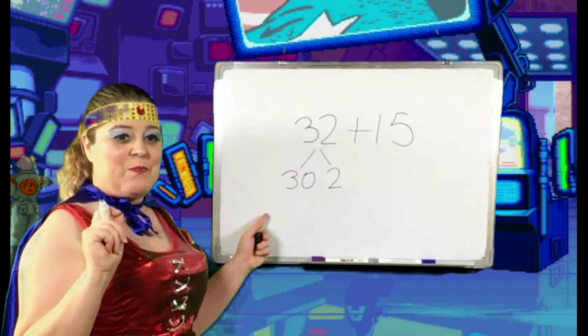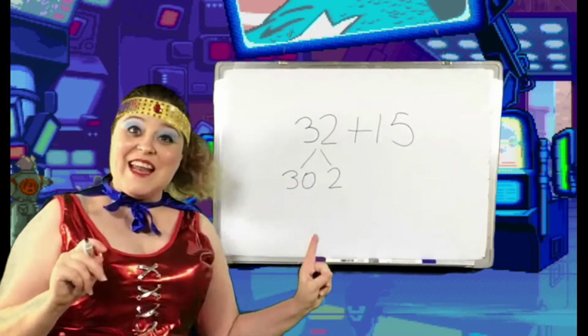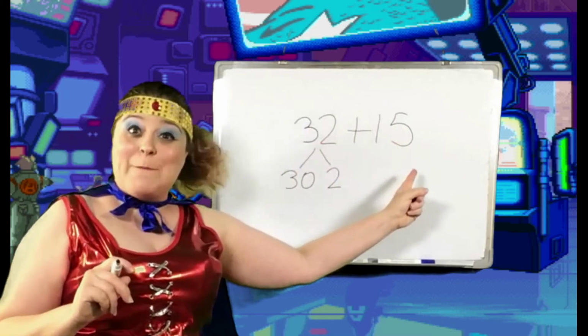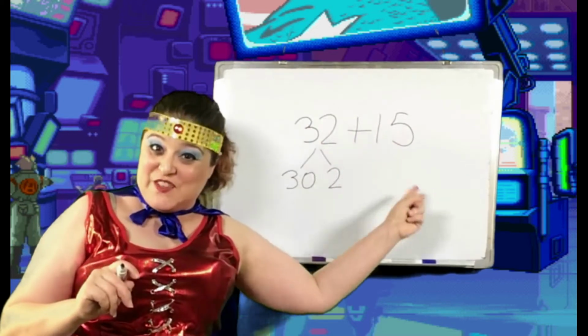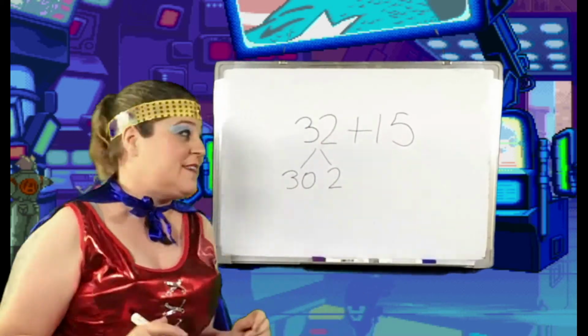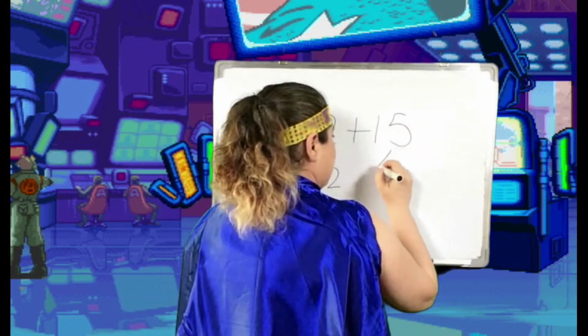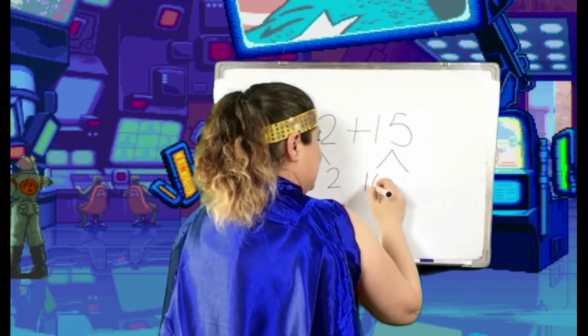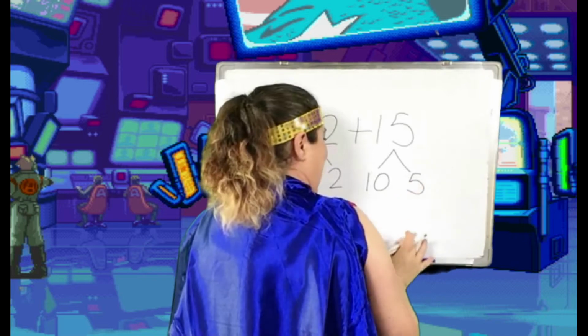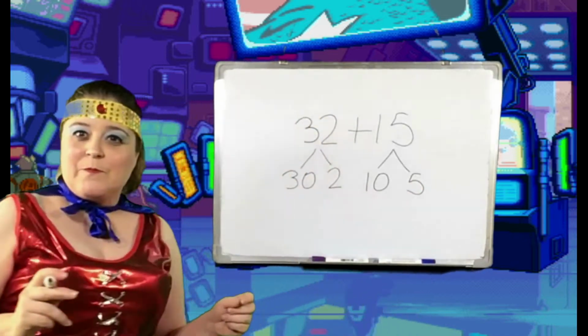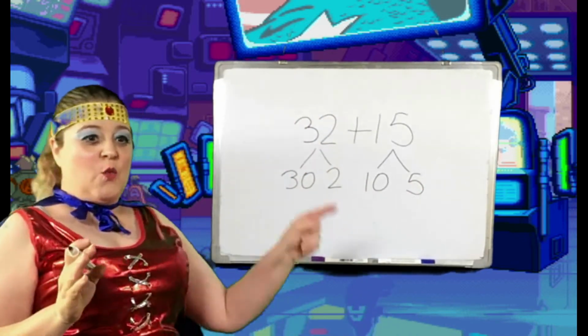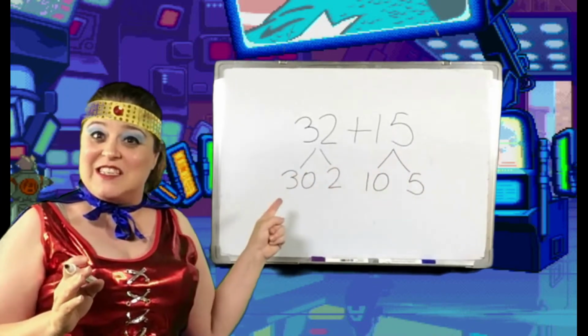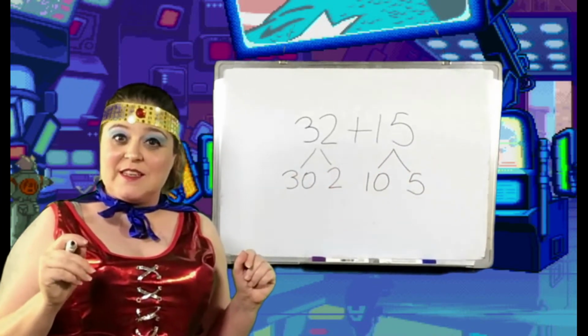There we go. Now, what number will we get if we partition 15 into tens and ones? 10 and 5. All right, we have partitioned our 2 numbers.